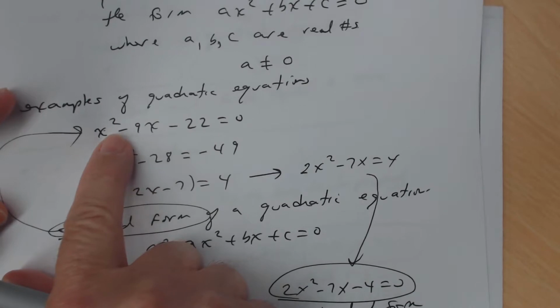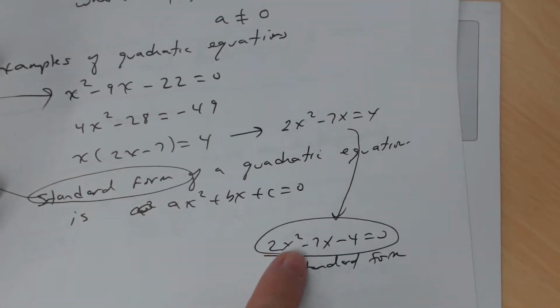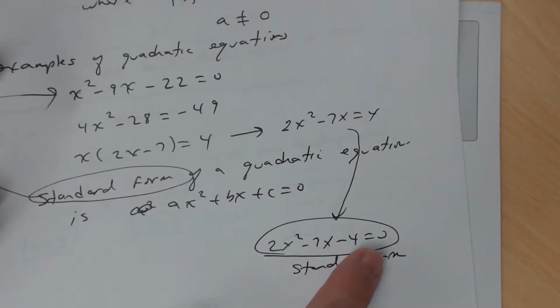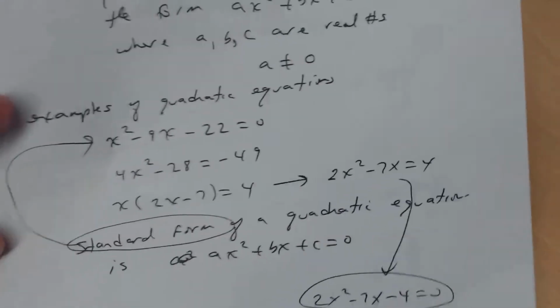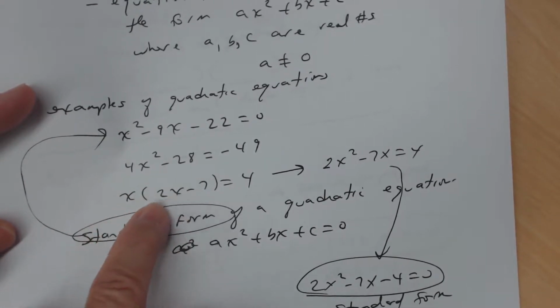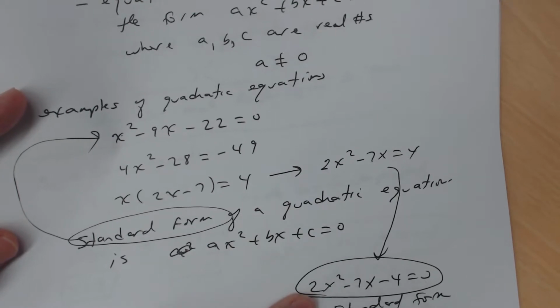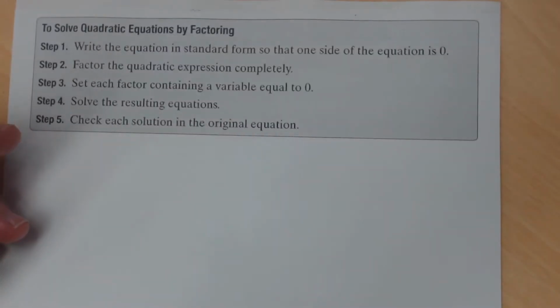So it's kind of like this one here: x squared minus 9x minus 22 equals 0, and 2x squared minus 7x minus 4 equals 0. This is not standard form. This is not standard form. So you have to rewrite it so that it becomes standard form.